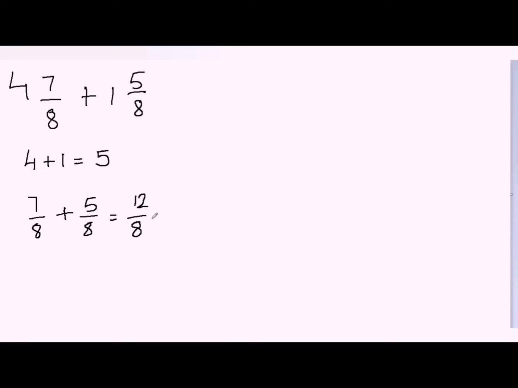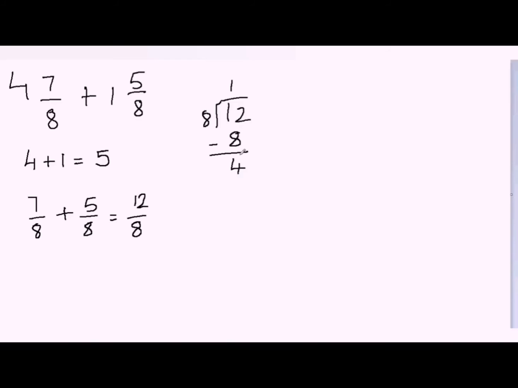Because you don't add the denominators. Now 12 over 8, we can convert it to the mixed form. 12 divided by 8: how many times does 8 go into 12? 8 times 1 is 8, and 12 minus 8 equals 4.